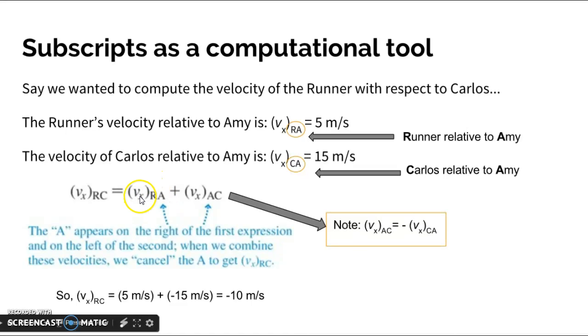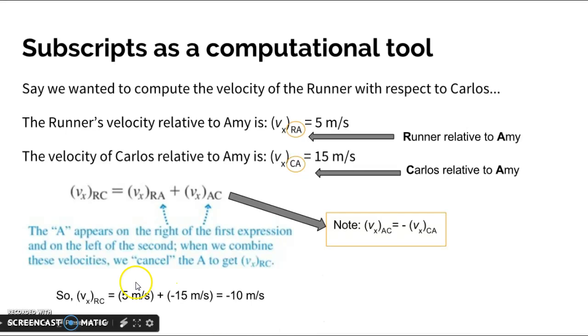Here we can plug in the velocity of the runner with respect to Amy, which we have up here as 5 meters per second. Here we need the velocity of Amy with respect to Carlos. We have Carlos with respect to Amy saying that's 15 meters per second. That's equivalent to saying the velocity of Amy with respect to Carlos is negative 15 meters per second, because they are going to be equal in magnitude, opposite in direction.